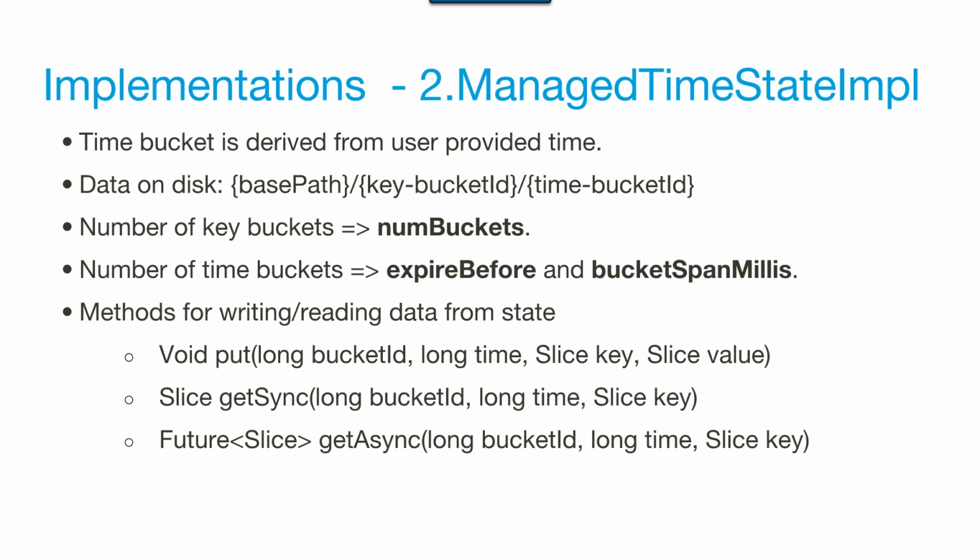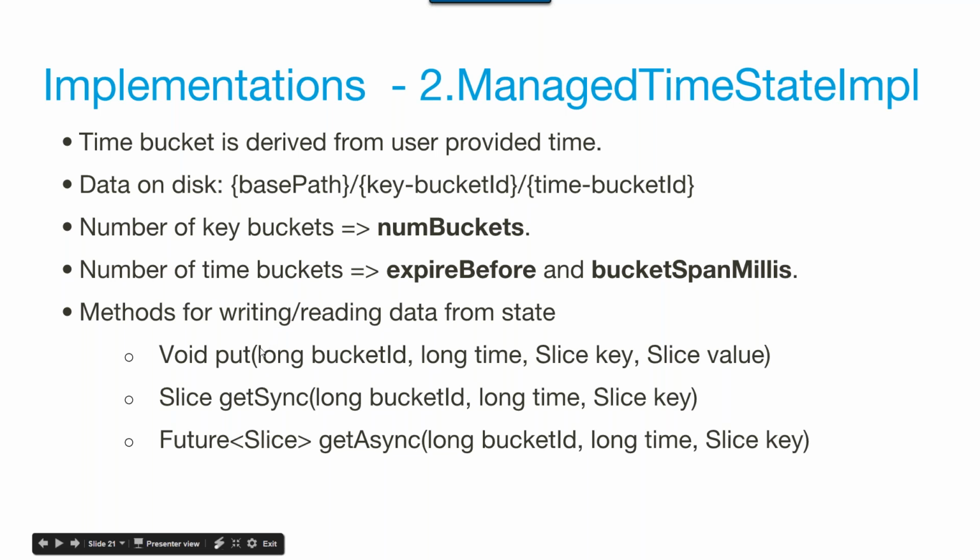The next implementation is the managed time state implementation. Here, the time bucket is derived from the user provided time. Here also the data on disk is saved in the format of key bucket / time bucket. The number of key buckets is calculated from the number of buckets parameter, and the number of time buckets is calculated from the expiry before and bucket span milliseconds configuration parameters.